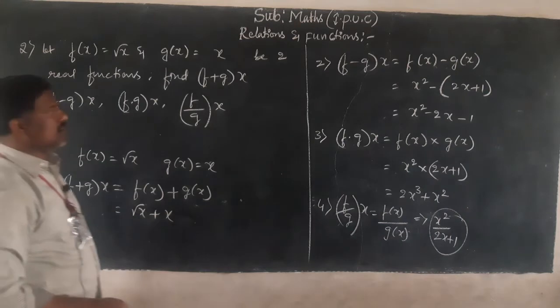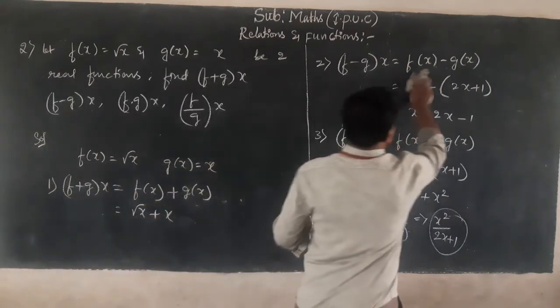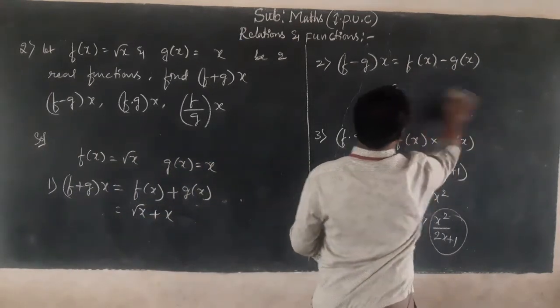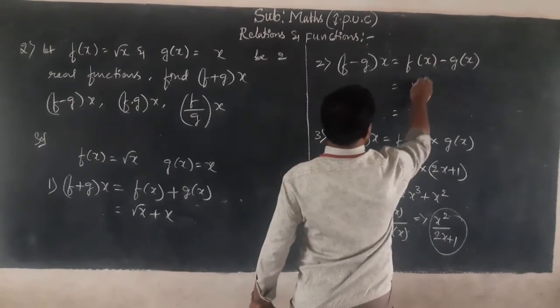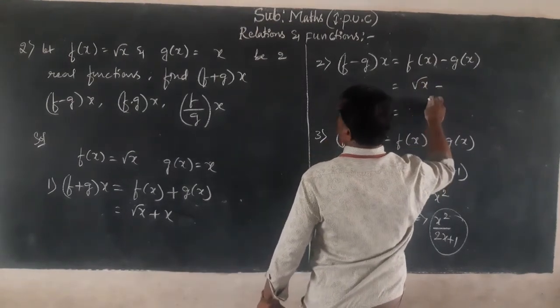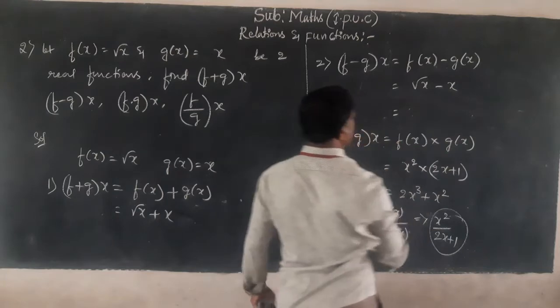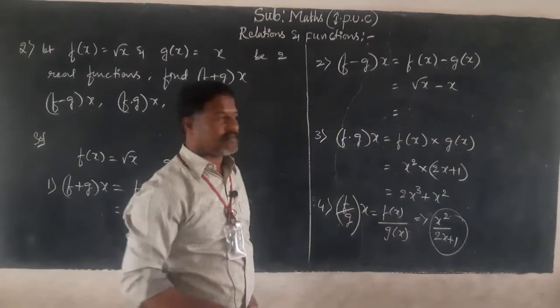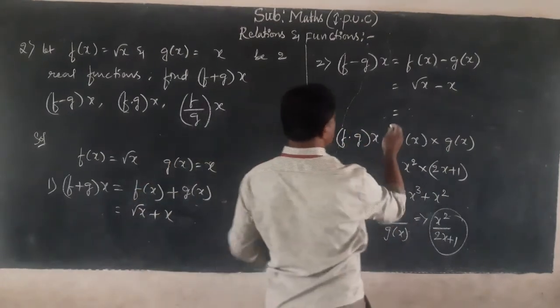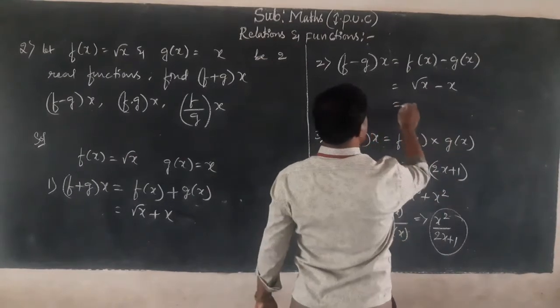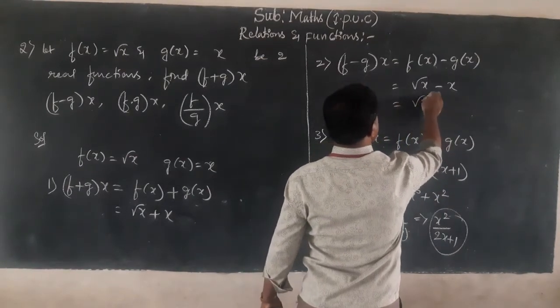It's very simple. Next, children, here also f of x value is root x, g of x value is x. That is the answer. Or we can simplify, children, no problem. Let us write root x as it is.